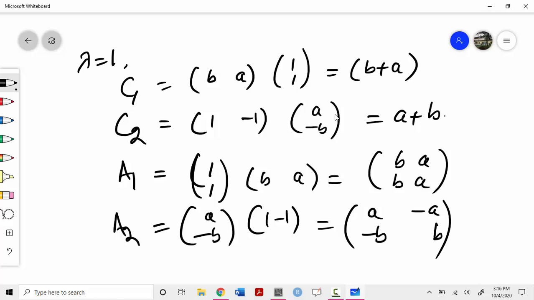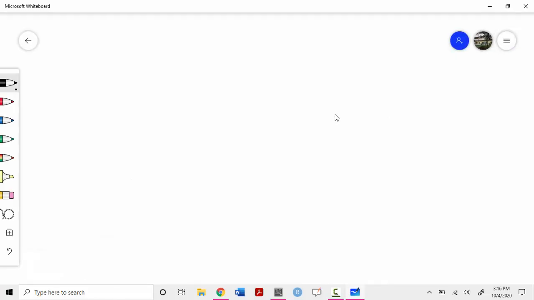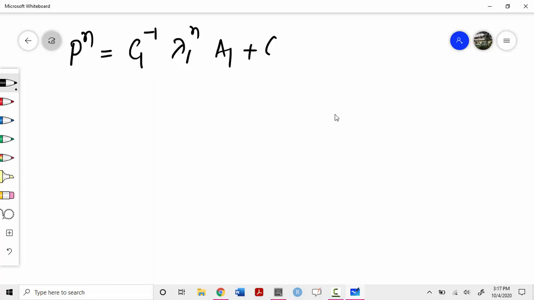So P to the power n equal to, what is our formula? Now P to the power n equal to c1 inverse lambda 1 to the power n into a1 plus c2 inverse lambda 2 to the power n into a2.